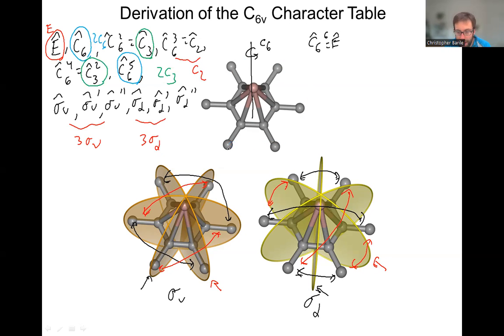So now that we have our operations, we can draw sort of the bones of our character table. And how we do this is we put the point group in the top left corner, and then we write all of our classes. We have the identity class. We have 2 C6s. We usually start with our principal rotation axis first.